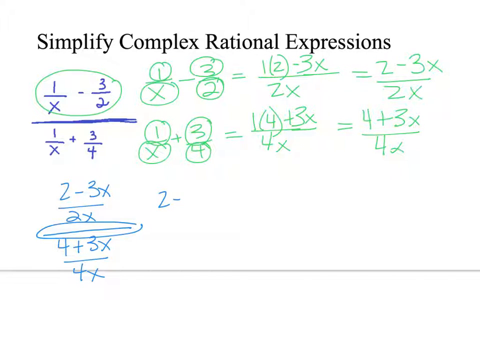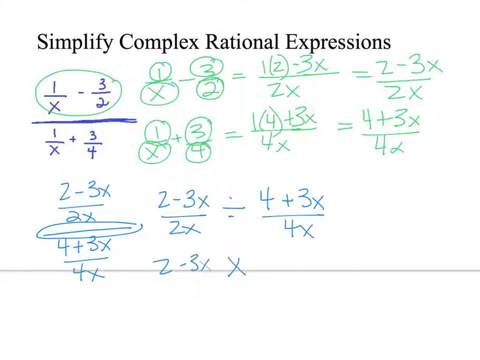If I wrote it out like this, 2 minus 3x over 2x, and instead used the division symbol and said divide by 4 plus 3x over 4x, you might see that the way to do that is to multiply these two together, but flip the divisor. So put 4x on the top and 4 plus 3x on the bottom. And then you can combine them now.